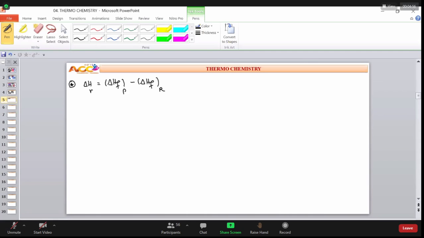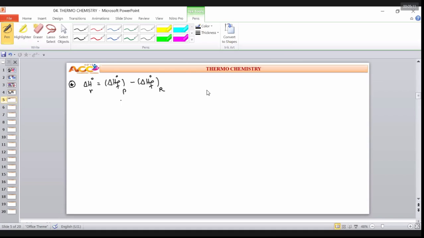Usually we discuss standard values, measured at 25 degrees centigrade. So always, products minus reactants, final minus initial.